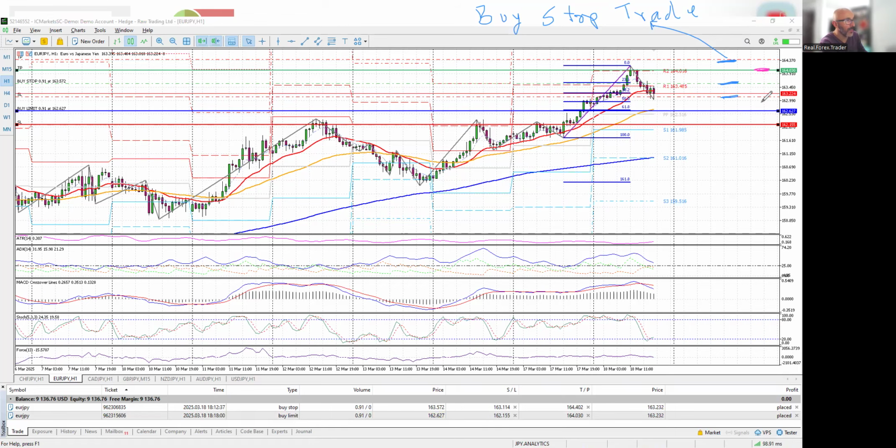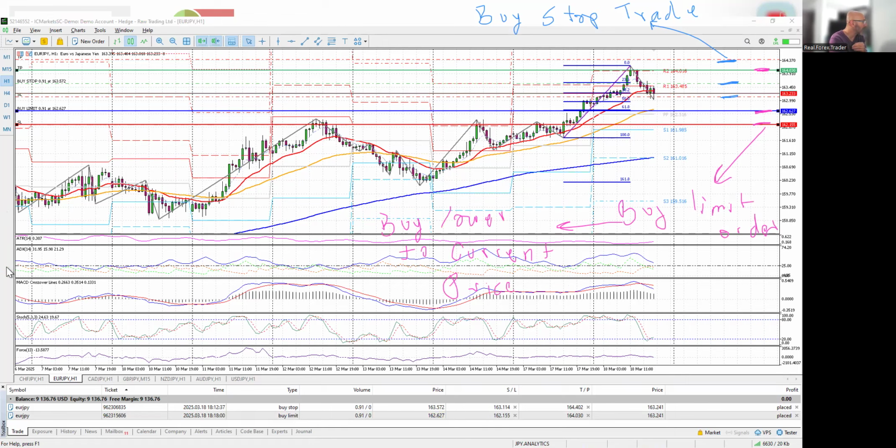This one here, the one that I just created, is what? Is a buy limit order. Remember the difference. When I place a buy limit order is because I plan and I am executing it lower than the current price.